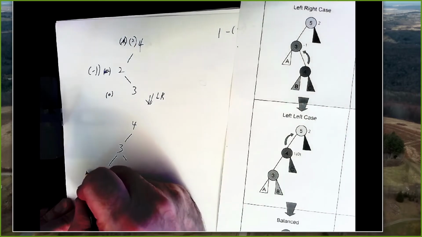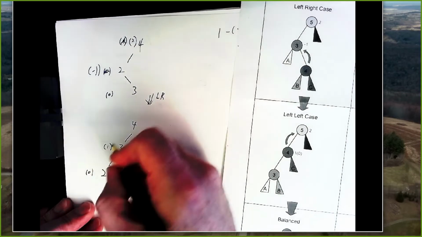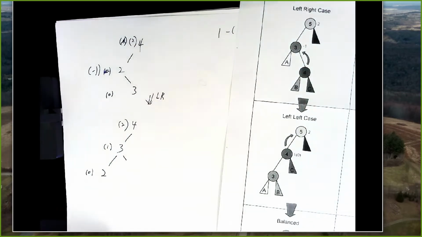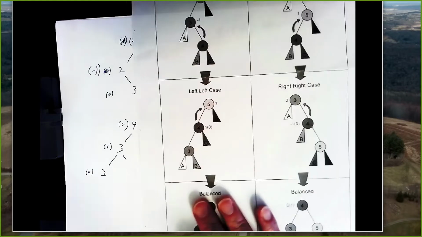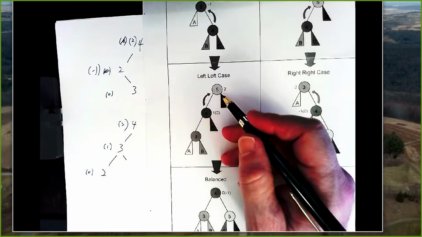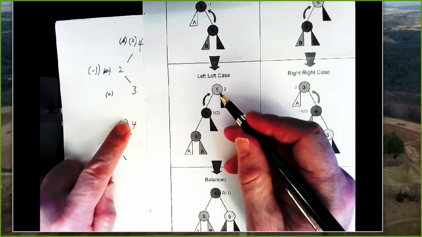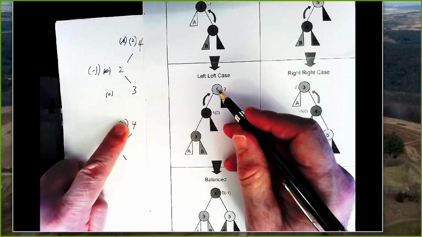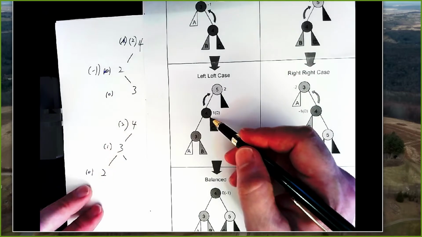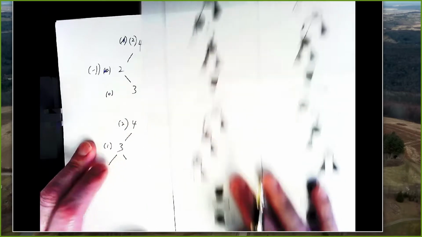And if we look at balance factors here, this is 0, this is 1, this is 2. And so now we're in the left-left case, and the procedure here is to take this node with a balance factor of 1, make that the root, and bring the old root and put it down on the right of that node that you moved up.